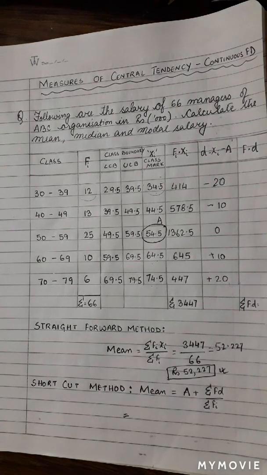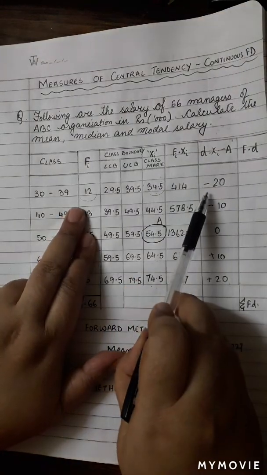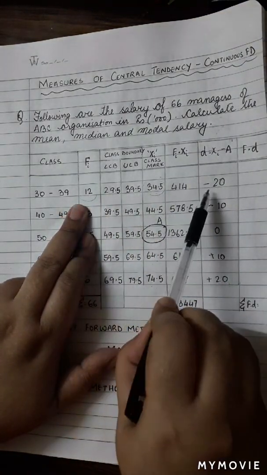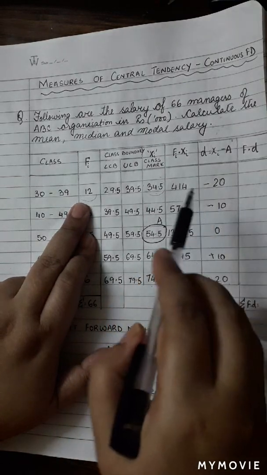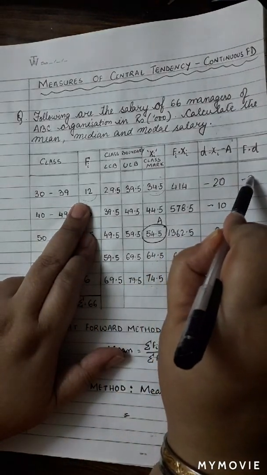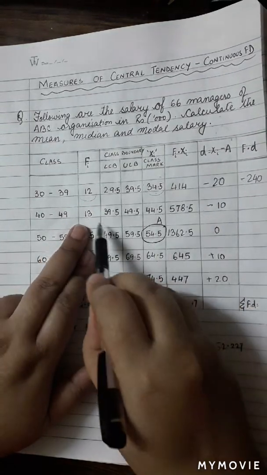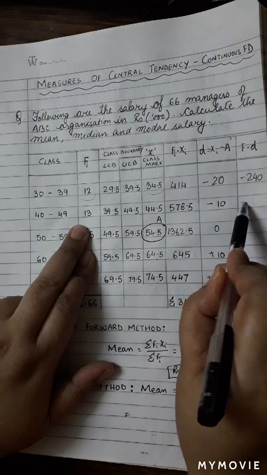Now we multiply f and d. We get 20 into 12 with a minus sign, that's minus 240. That is the first fd value. Then 13 into minus 10 is minus 130.